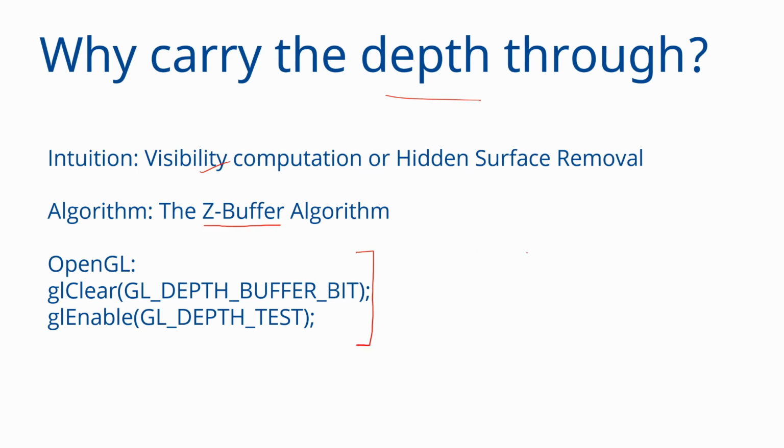Before we end, I want to make this small observation that we started by modeling our object in some modeling coordinates. We applied modeling transformations to this to come to WCS. Then we applied the viewing transformation to this to come to VCS. Then we applied the projection normalization set of transforms to come to CCS. Okay.